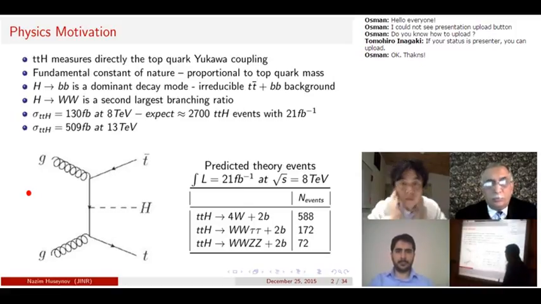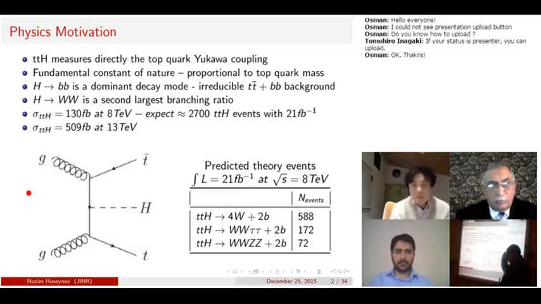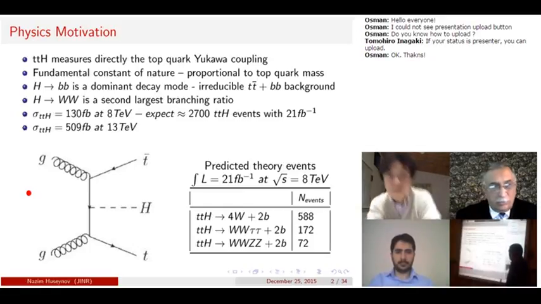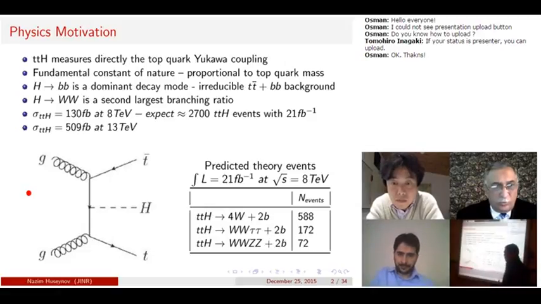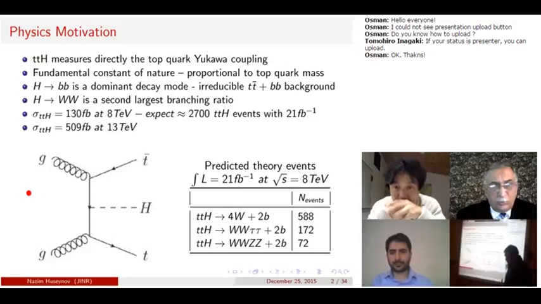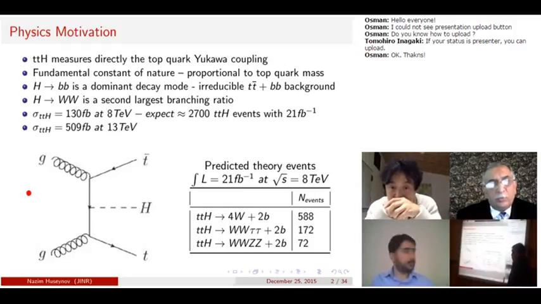As you know, the Higgs has two major decays. The Higgs to bb is the dominant decay, but this decay has an irreducible background from tt-bar plus bb. So we work on the Higgs decay to WW, the second largest branching ratio.